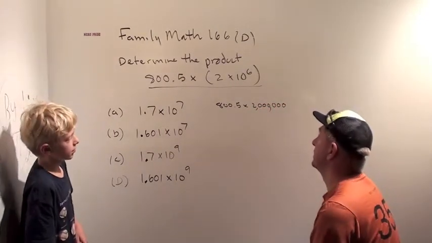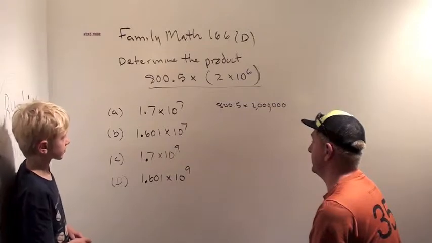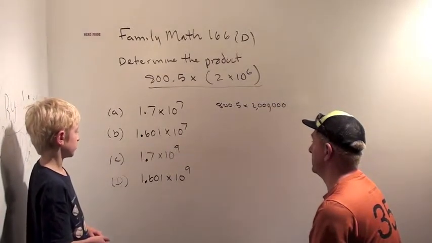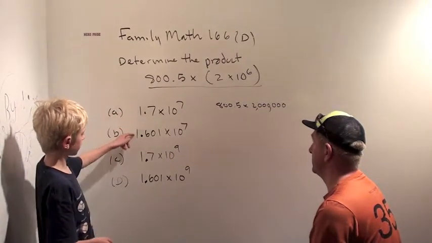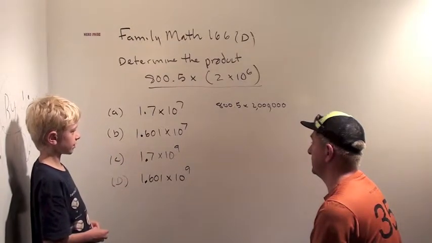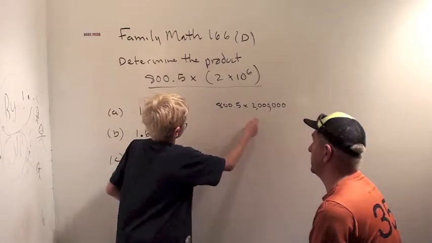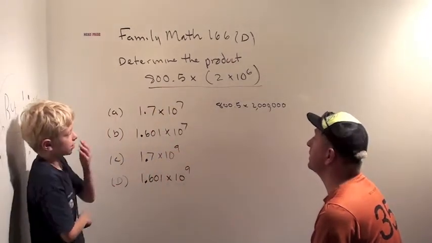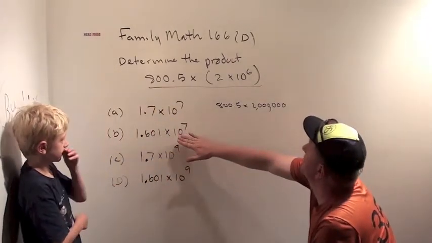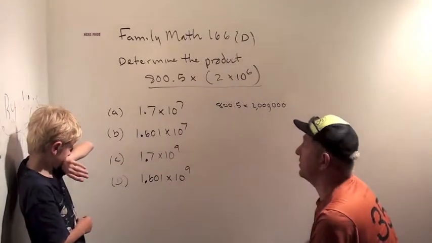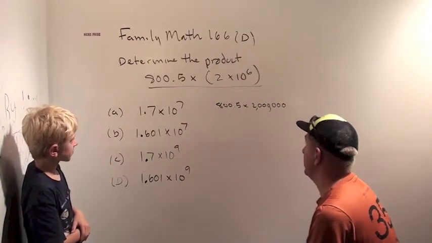But all of these numbers are a bit more than 1. Well, all these numbers have a times 10 to a big power though. So they have both.